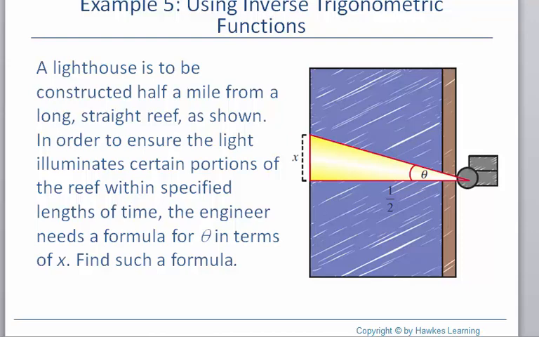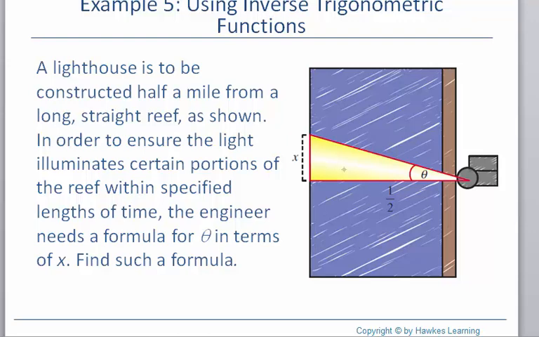And so they've been very nice to us with this problem in that they've given us a picture, which always makes things very easy. So what I need to do is find a formula for theta that has an x in it. All right, so if you look at what we've got, in terms of your angle theta, you have the opposite side, and you also have the adjacent side.